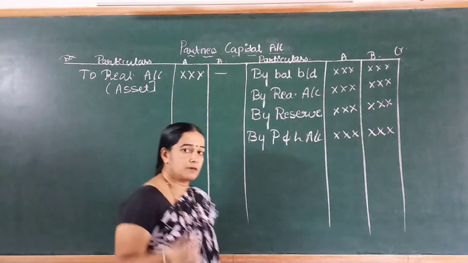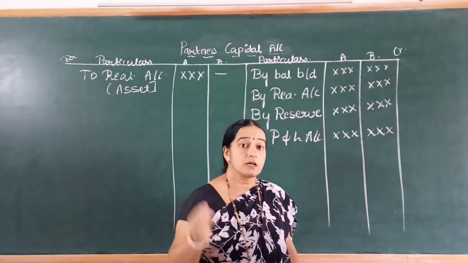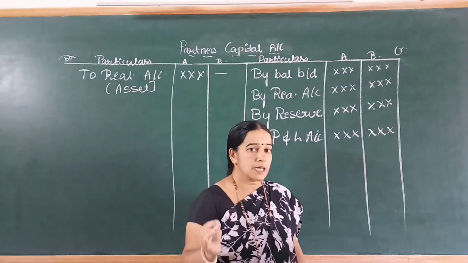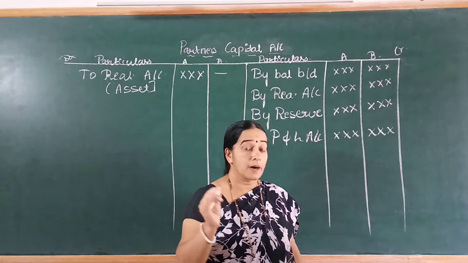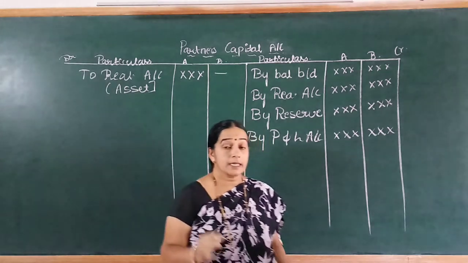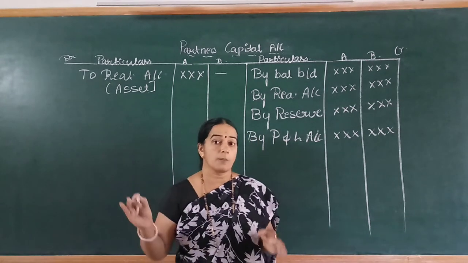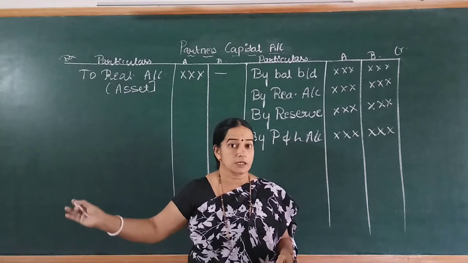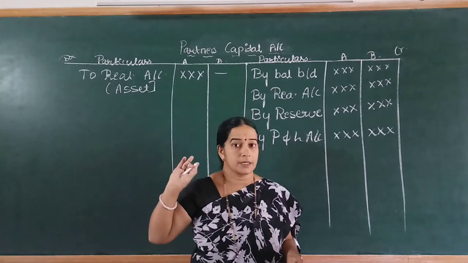Sometimes a partner may pay the liabilities of the firm. Suppose if outside liabilities are paid by a partner, then in realization account the amount is transferred to the debit side, that is to partners capital account.